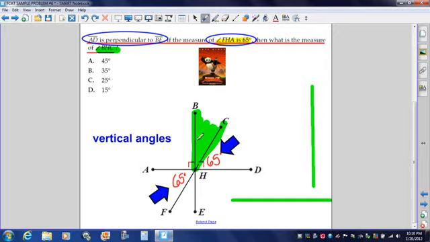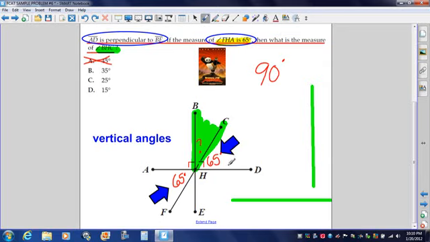Angle BHC. So what do I know? Well, I know that they form a right angle. I know that there are 90 degrees in a right angle. So if I have 65, this could be the variable x that I'm looking for, or it can be a question mark. So 65 and what number gives me 90? Well, I know that 65 and 45 is not going to give me 90, so I can use a little bit of process of elimination.